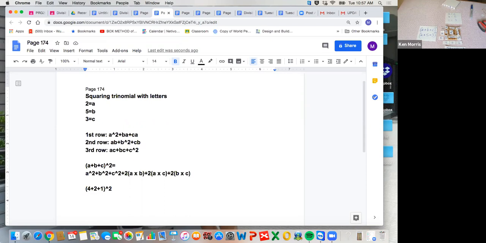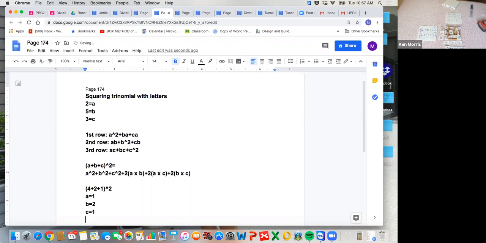All right, and once you have this formula, you don't have to go and do all this work with the layout to figure it out. You can just plug into this formula and you would assign values. So you would say, I don't know, A is equal to 4, B is equal to 2, C is equal to 1.